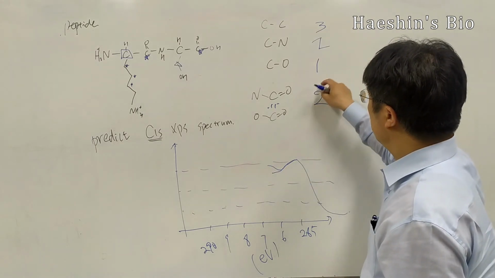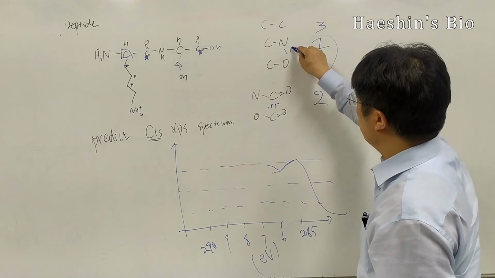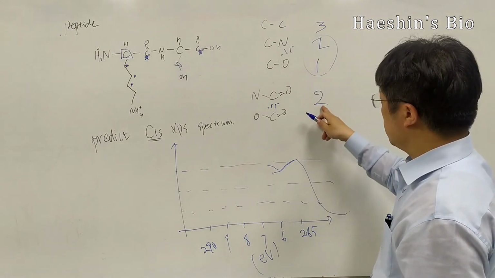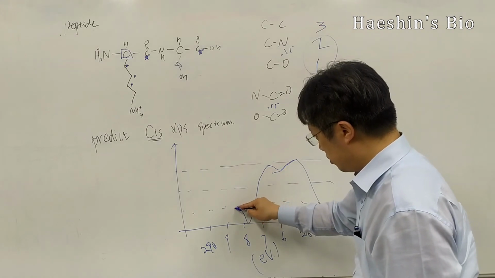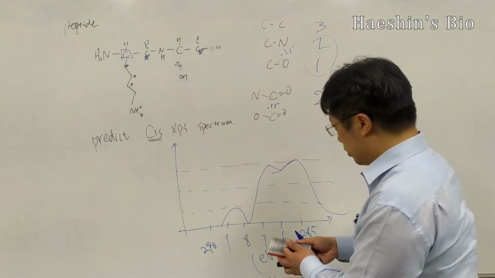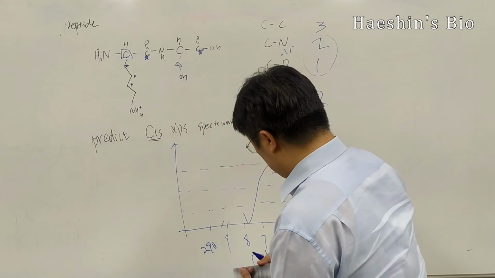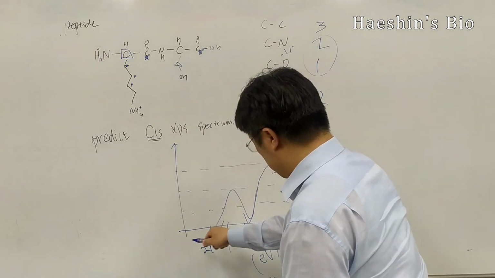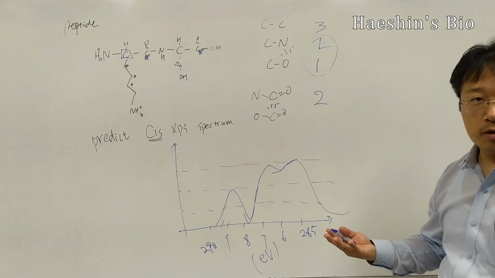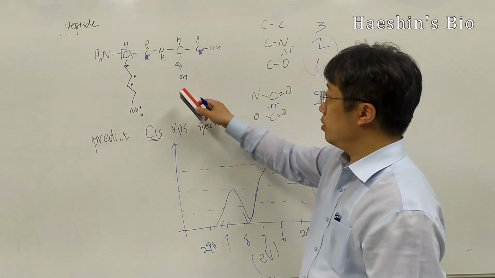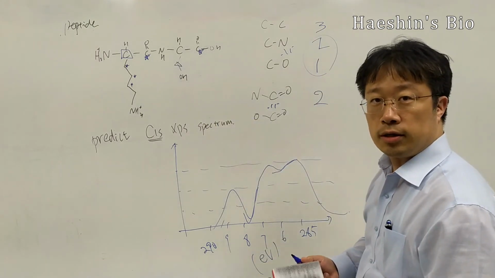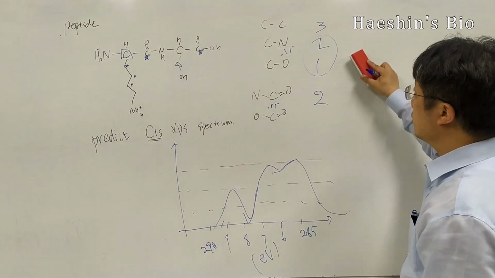And this is kind of similar in binding energy. And this is kind of separate. So then it goes down. And then you got only 1. This is 2. So I will draw one more about like this. So this might be the expected spectrum for this dipeptide case.